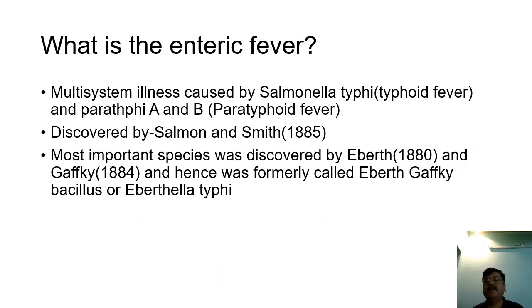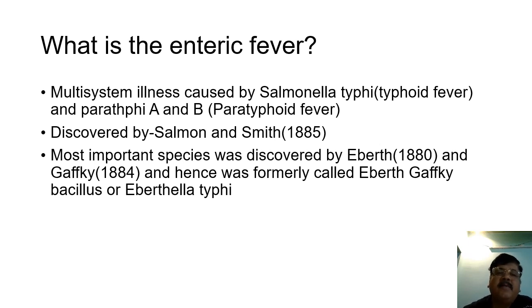Now we are emphasizing in this class enteric fever, which is a multi-system illness caused by Salmonella typhi as well as Salmonella paratyphi. The infection caused by Salmonella typhi is called typhoid fever. Infection caused by Salmonella paratyphi A and B is called paratyphoid fever, and together they are known as enteric fever.